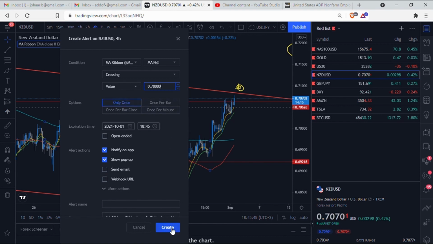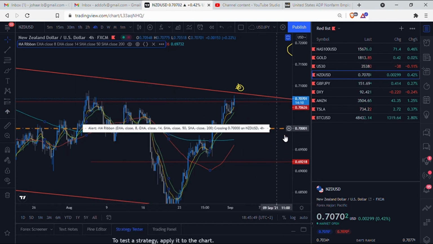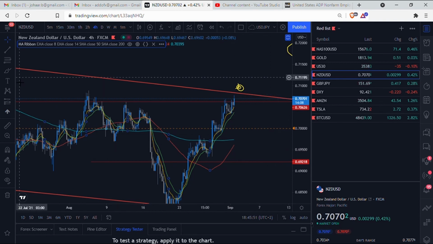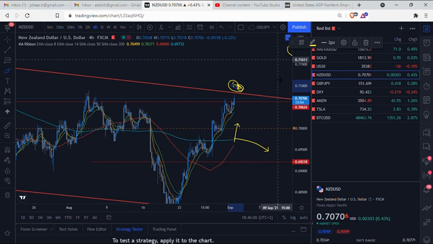Only once, create. Now automatically I have an alert here, right here. Yeah? So when this eventually rises up and this eventually goes down, I get alerted of that, meaning the minute that alert goes off, my price should be in around about this range here, and the golden cross would have taken place, meaning I can take the entry.